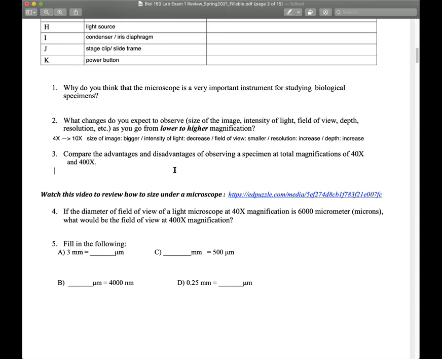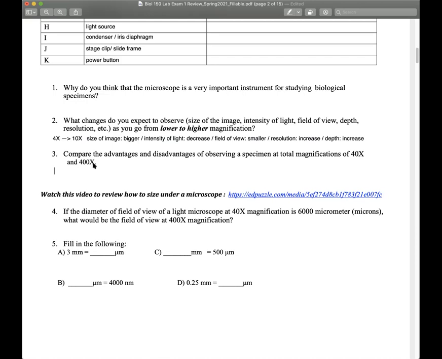So what do you think are the advantages or disadvantages of observing a specimen at low magnification versus at higher magnification? You'll be able to find your specimen, the whole thing of it, you can see it.